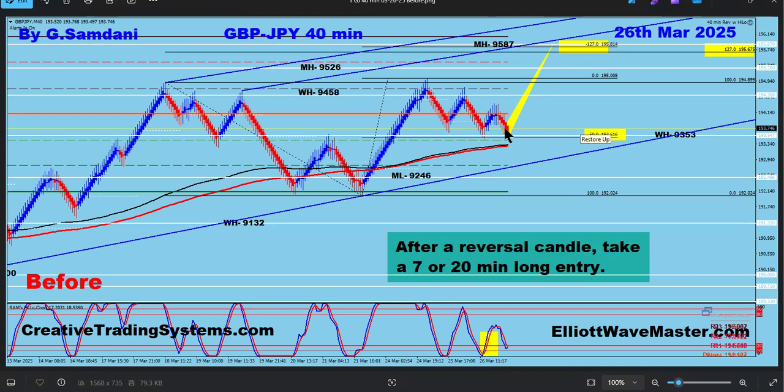Entry comes somewhere like here, maybe 5 to 7 blue candles in this chart. My plan to trade these setups is written here, right? After a reversal candle, take a 7-minute, and if you get it, take it, and also take this one.